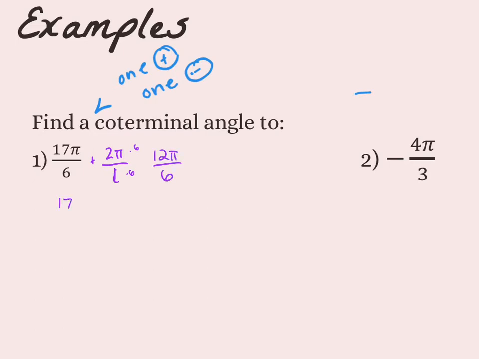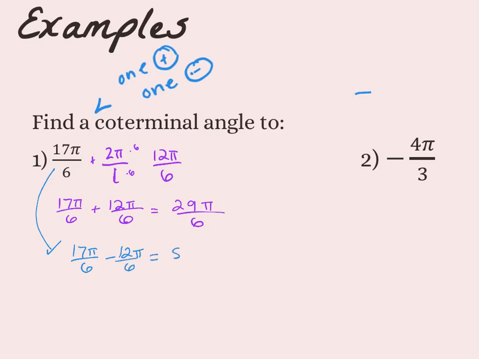And I get 17 pi over 6 plus 12 pi over 6. And I get 29 pi over 6. If I want to find a negative coterminal angle, I'm going to take 17 pi over 6 and subtract 2 pi, which we already said is 12 pi over 6. I get 5 pi over 6.